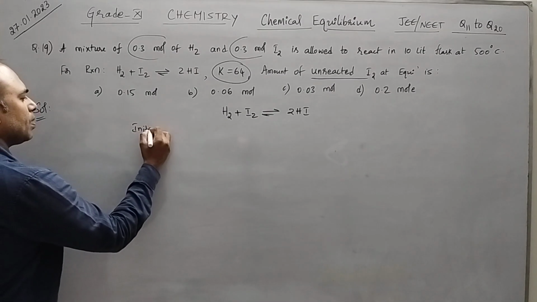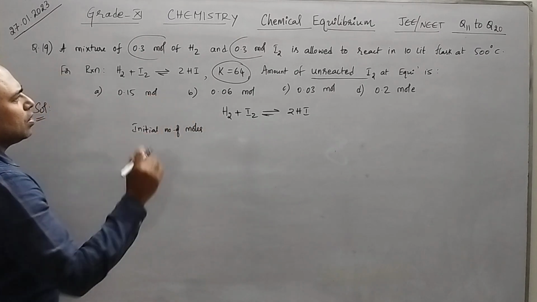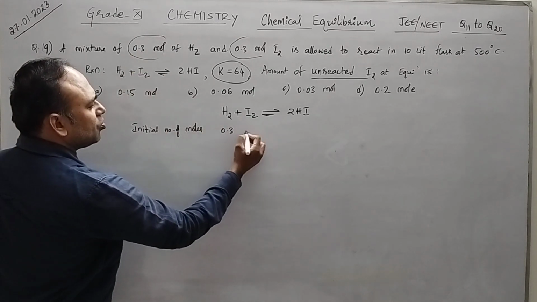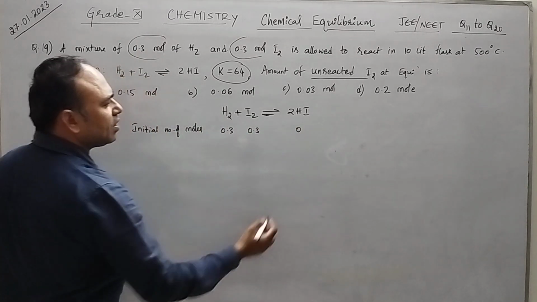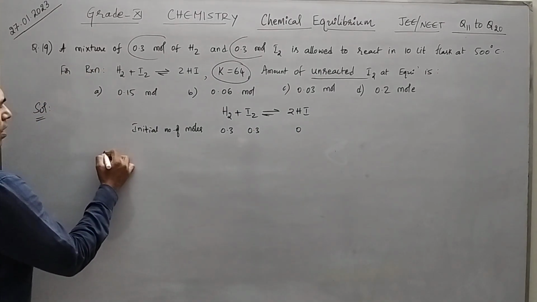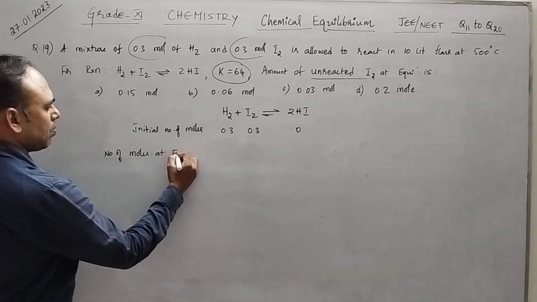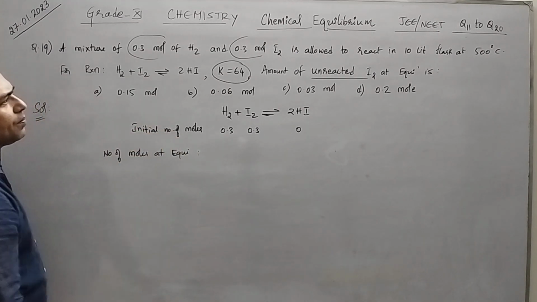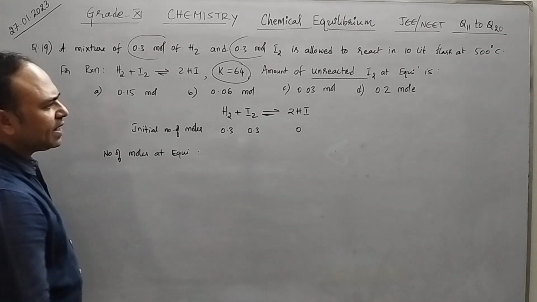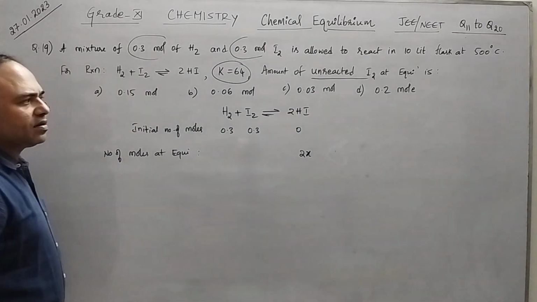Initial number of moles is 0.3 H2 and 0.3 I2. Product is not formed, hence we write it as 0. Next, number of moles at equilibrium. Here we take it as 2x.